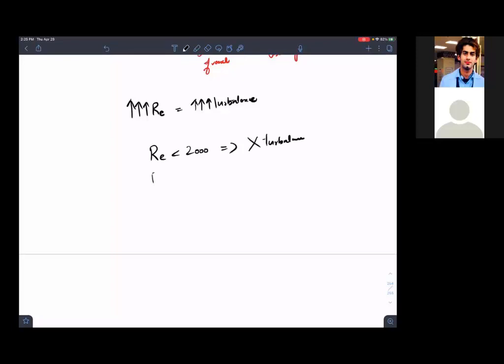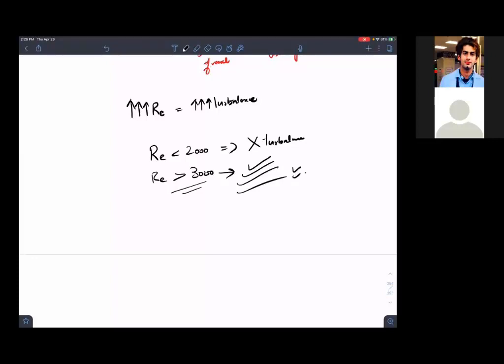If the Reynolds number goes greater than 3000, turbulence will be there. How much, you will calculate that. But here we are saying if it is greater than 3000, turbulence is there. Less than 2000, no turbulence. Is it clear?